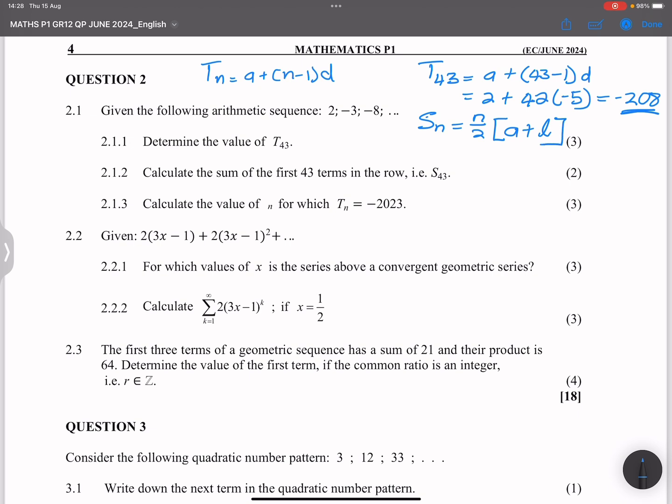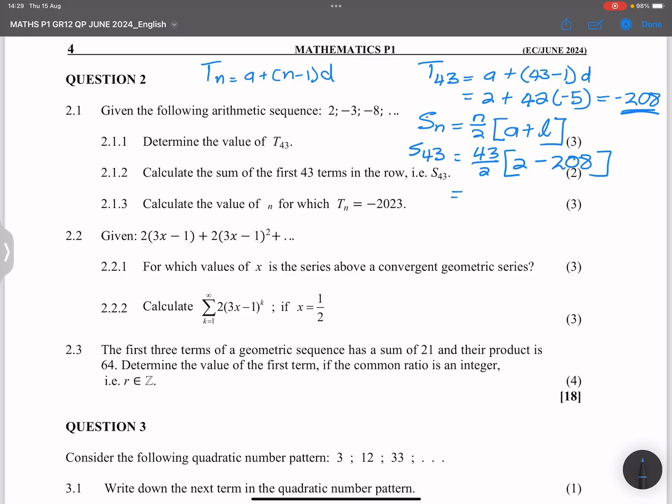Of course, you can always use the other formula, which is Sn is n over 2 into 2a plus n minus 1 times d, but this would be slightly longer to do, so I'm going to follow the first one. So we're looking for S43. That will be 43 over 2, my a value is 2, and my last term in this case is -208, so that's plus a -208.